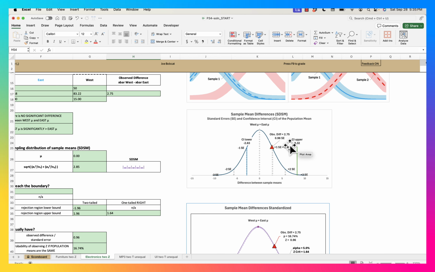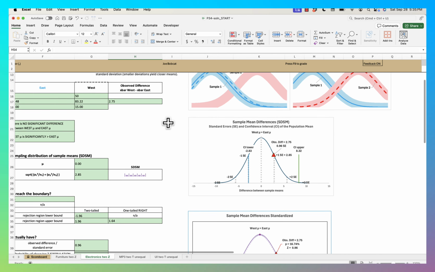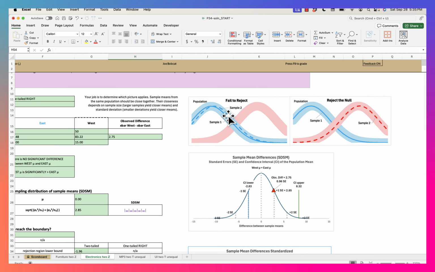And now you can see why it would be really dangerous to make a conclusion that West was bigger, because actually, with a different sample, it might even end up being smaller. So we're making no conclusion that they're different, which means, going back to the very original picture, we're saying they both belong to the blue population.